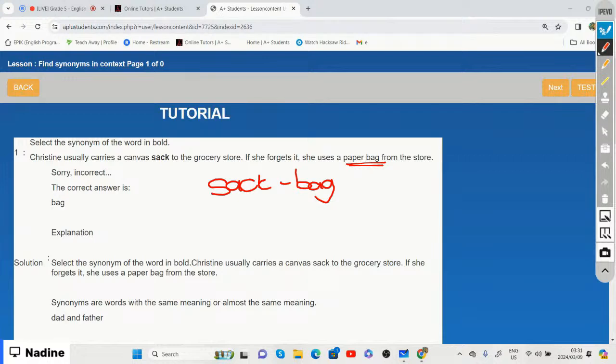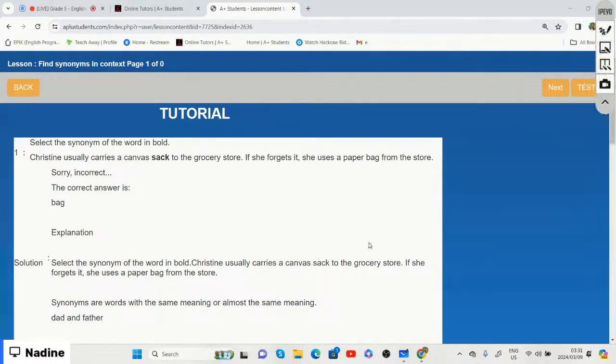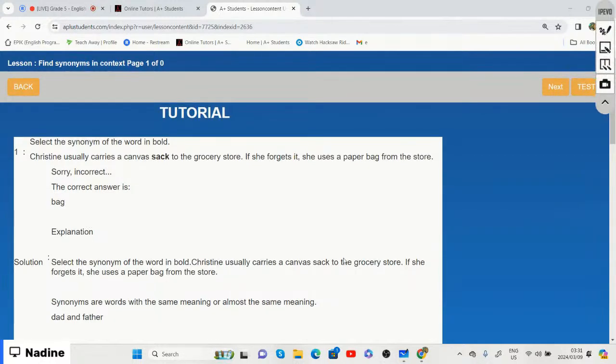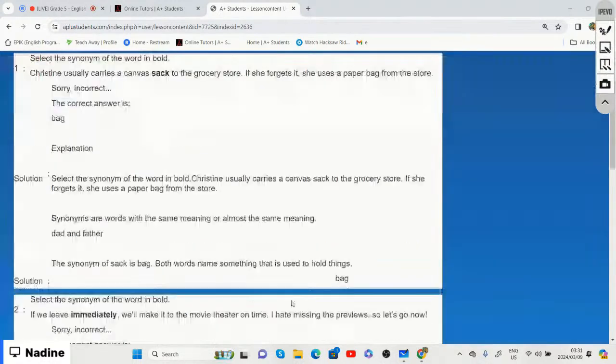The word that is similar to sack is bag, because they're specifically saying that if she gets her canvas sack, she takes a paper bag.